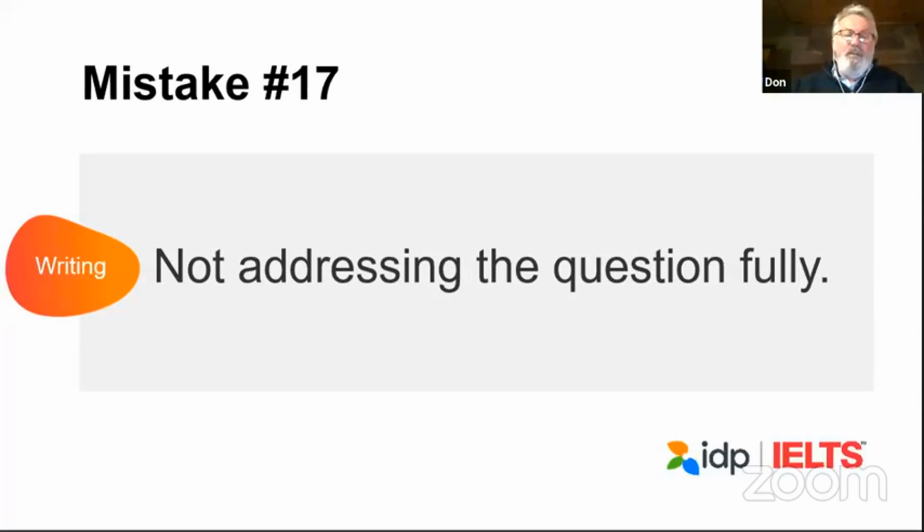Do I have to agree or disagree? Do I have to simply discuss? Do I have to weigh the two possibilities and see if one is more important than the other, or if there are more advantages than disadvantages? You must read the question very carefully in order to address the question fully.